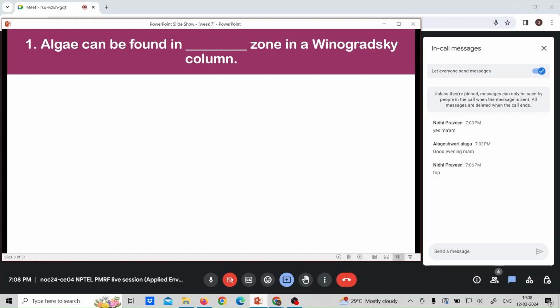How about others? What happened? Are you thinking about what a Vinogradsky column is? So one person has told it's the top zone. What do others think? Will it be in the top or bottom or in the middle? Which zone do you think algae can be found in a Vinogradsky column?